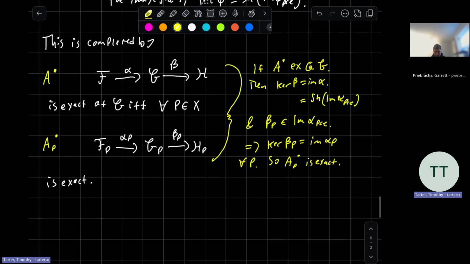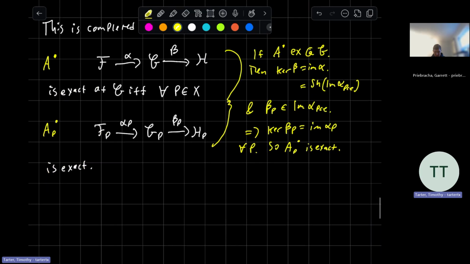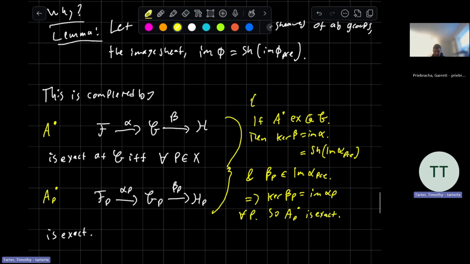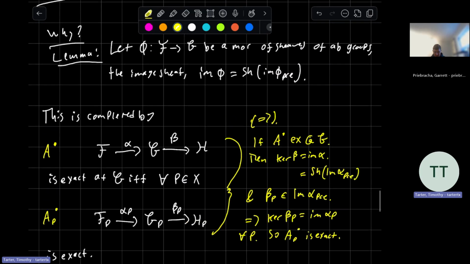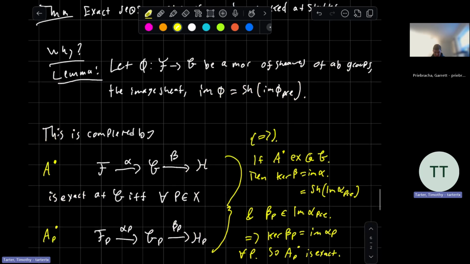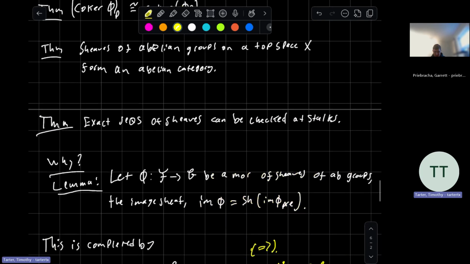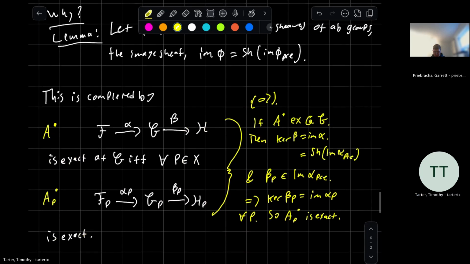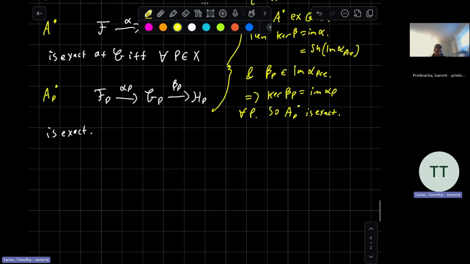And then a similar process works for the other direction. And then that proves the theorem.